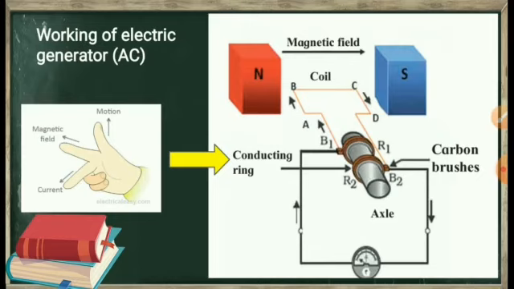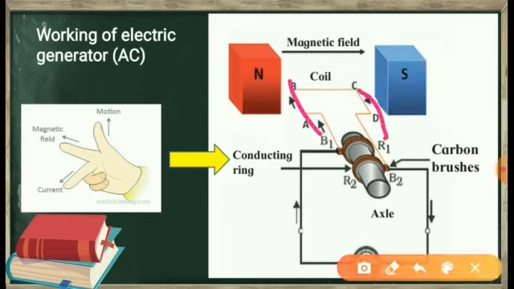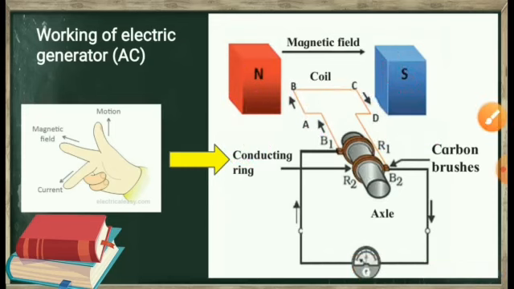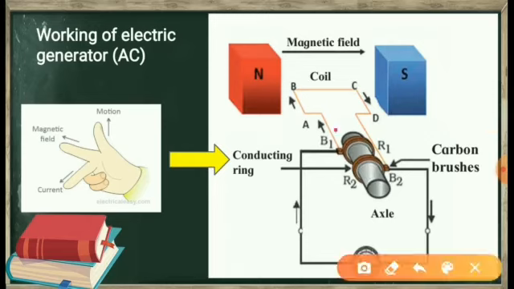After half a rotation, the branch AB takes the place of branch CD and branch CD takes the place of branch AB, which means this now becomes C and D and this becomes A and B after the half rotation. Therefore now the induced current goes from D to C, B and A. But the branch BA is always connected to the brush B1 and branch CD is always connected to the brush B2.